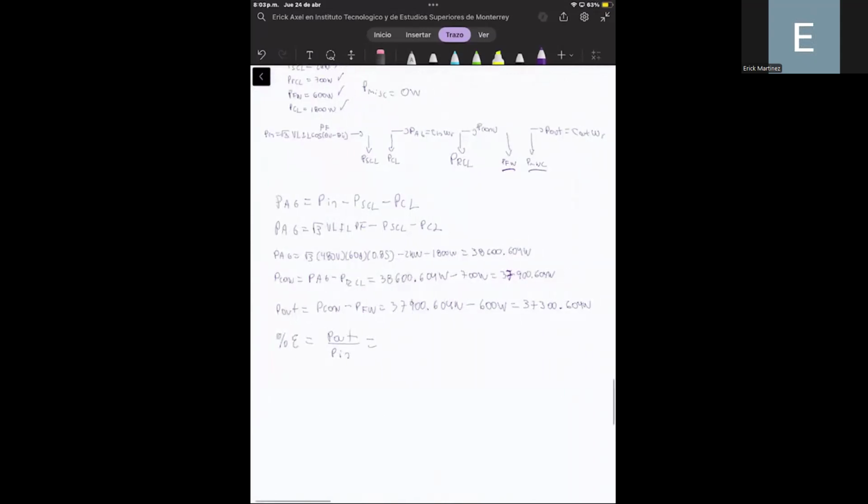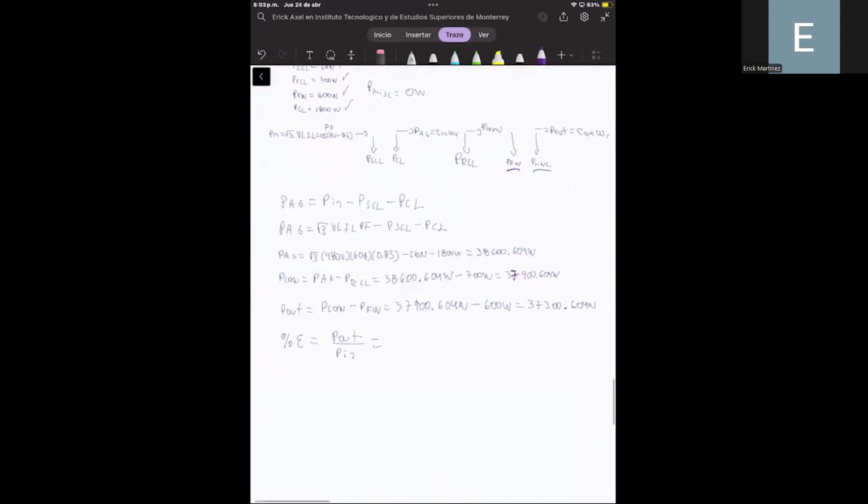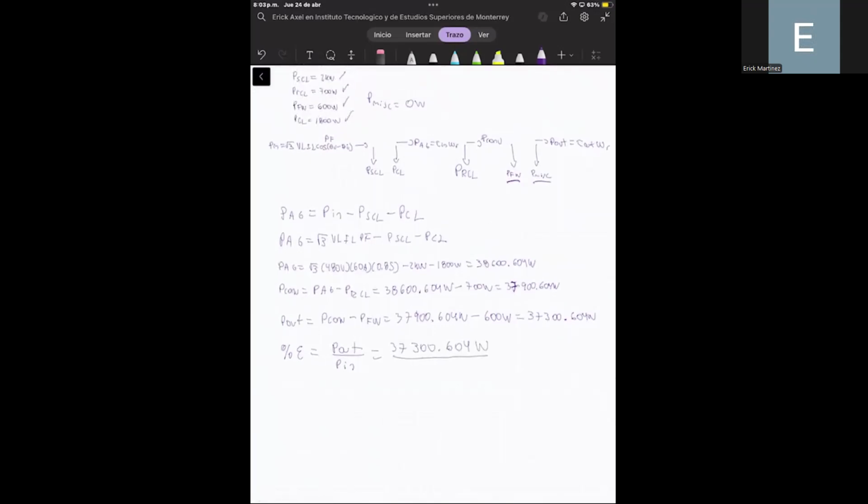The output power is this value, 37,300.64 watts, divided by the input power, and the input power is this expression, the square root of 3 times the line voltage times the line current times the power factor, 0.85.